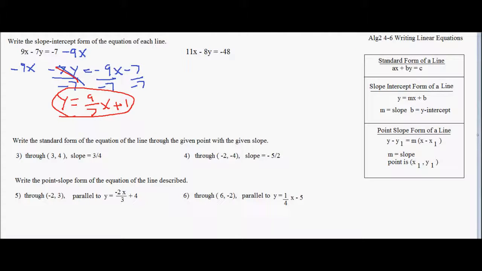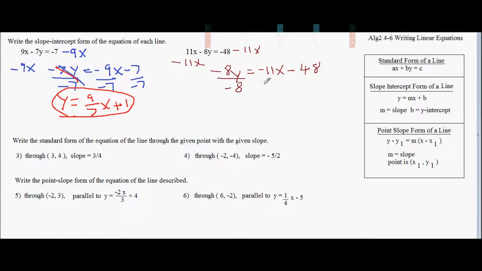Okay, let me try going back, it's a little too thick, I think. So let's try this. -11x minus 11x. So I get -8y equals, okay, I'm going to flip this again, -11x minus 48.